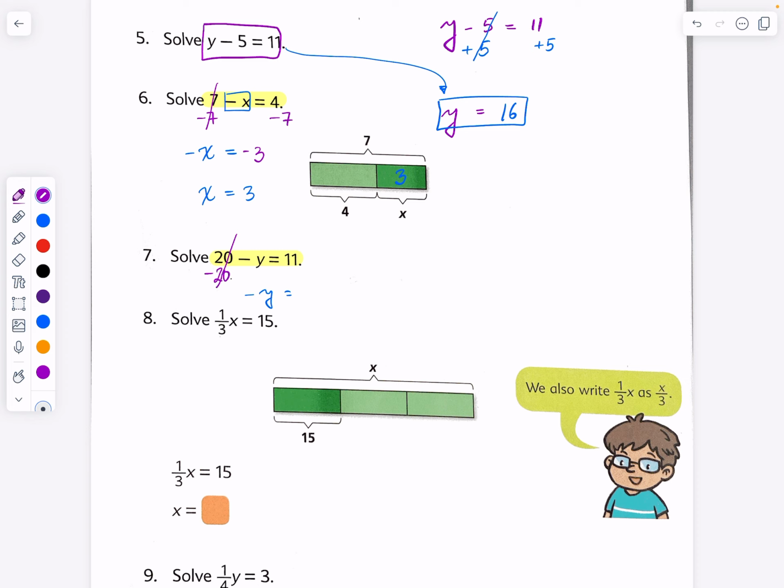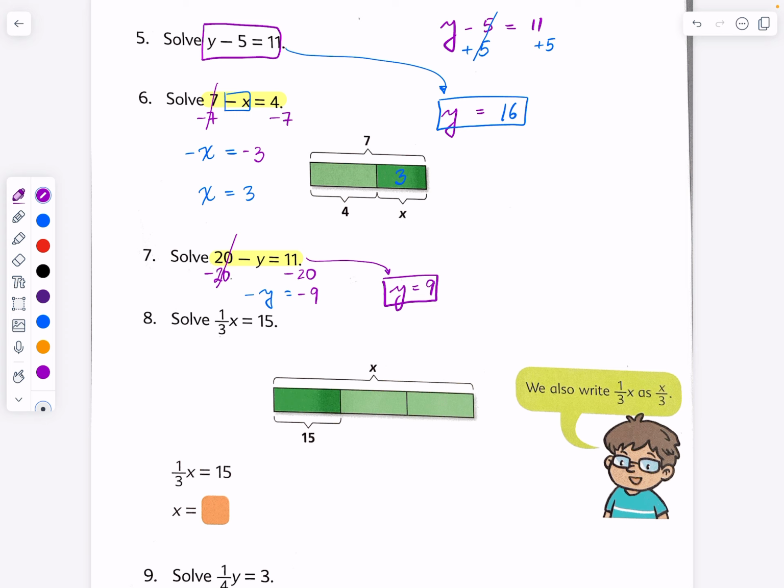We can put the cross through it. However, what we do to the left, we must do to the right. 11 minus 20 gives you negative 9. What did we get? Negation of y equals negative 9. How do we find positive y? That's opposite, right? Therefore, y must be equal to 9, which of course we could figure out logically. That's the only solution to this equation.